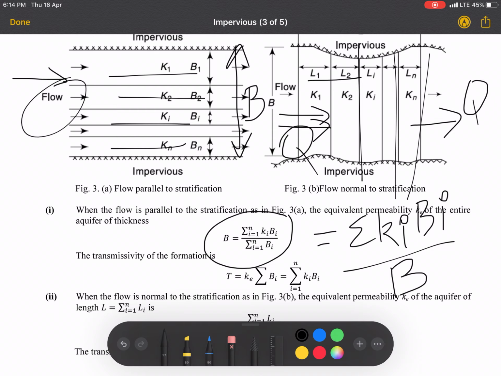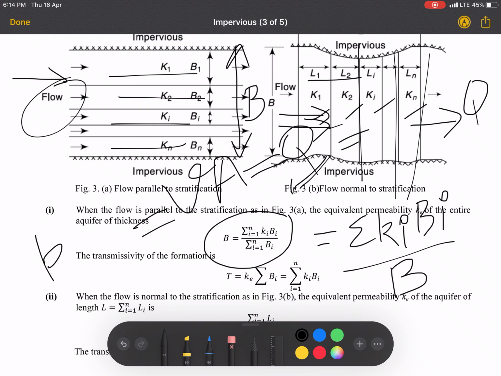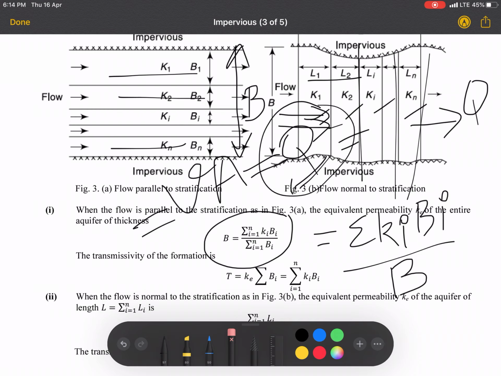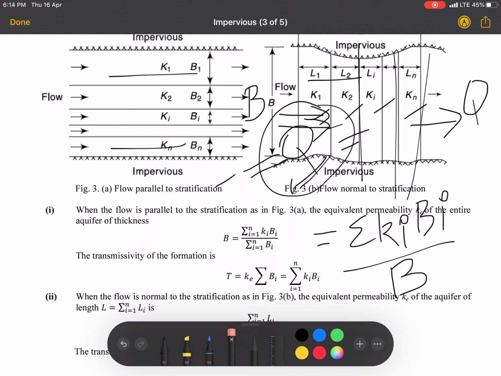So we write the corresponding Q1, Q2, Q3, add them and equate the sum to Q. Q we can convert into V into A, and V we can convert into K into I. That is not a big concern here. You just have to look at the final result.